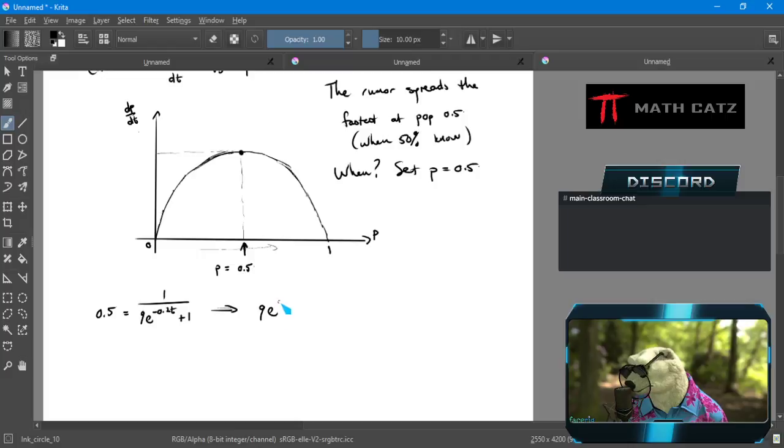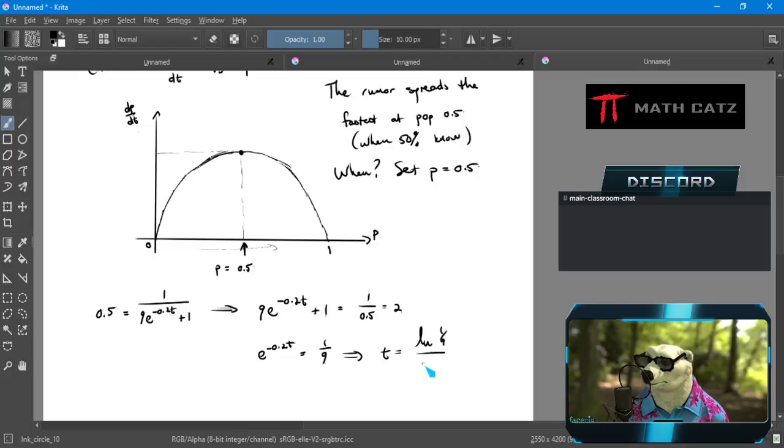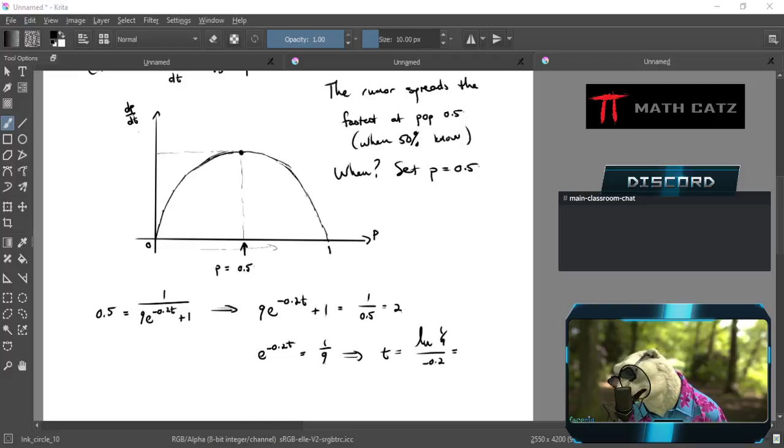So 9e to the 0.2t plus 1 equals 1 over 1.5, so that's going to be a 2. So e to the negative 0.2t is going to equal 1 over 9. So t is going to equal natural log 1 over 9 over negative 0.2. Let's see what that comes out to be.